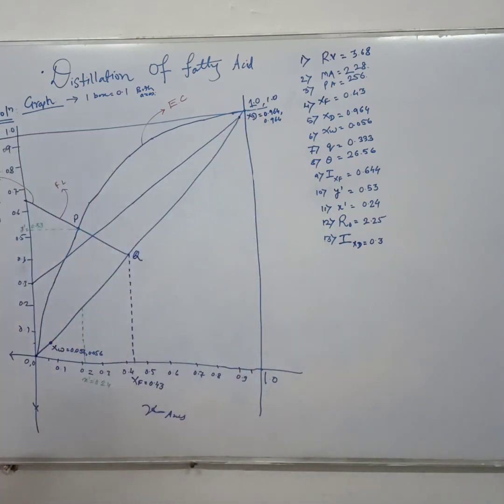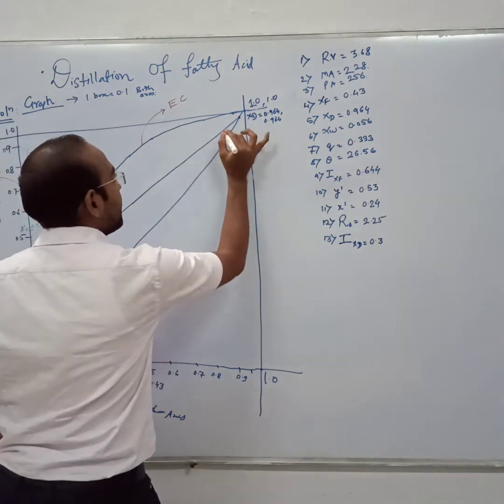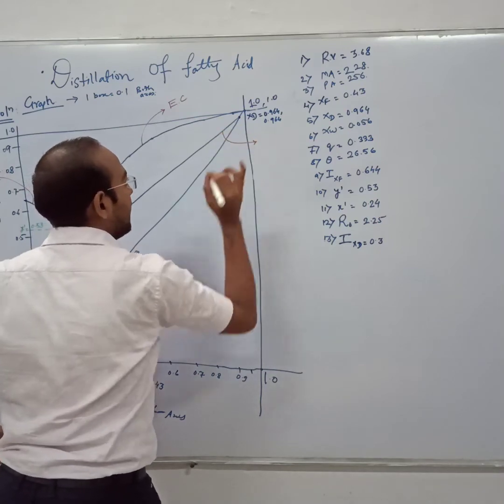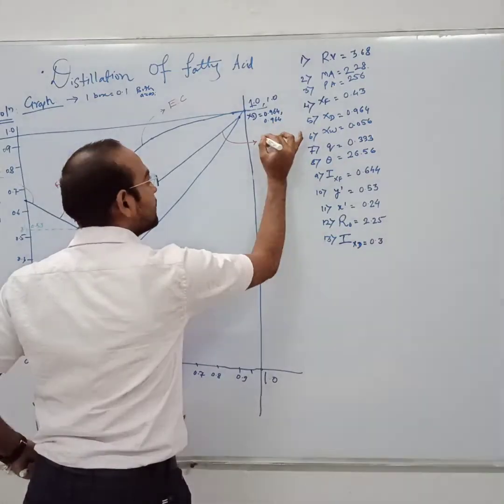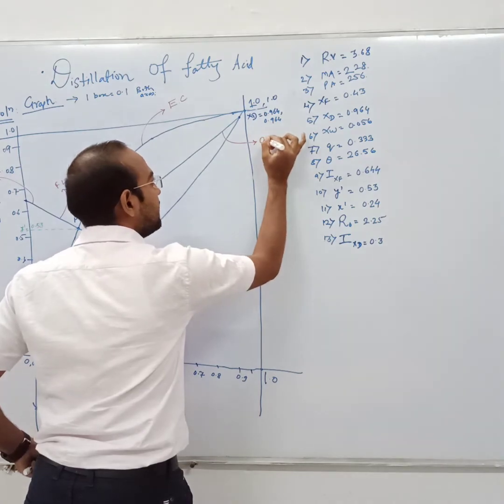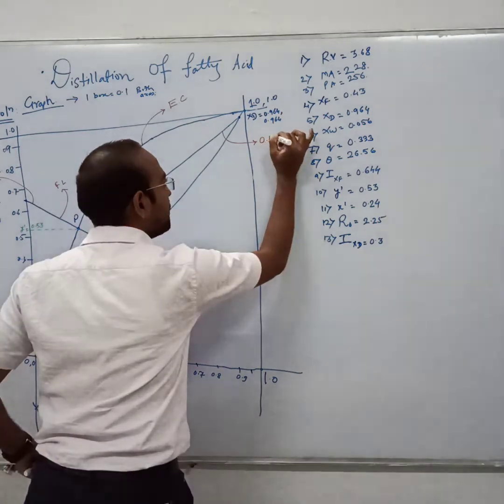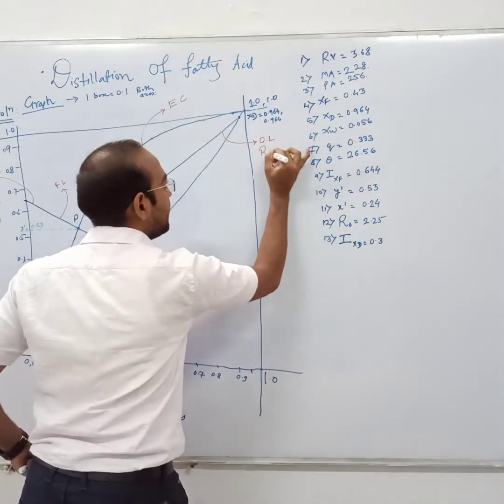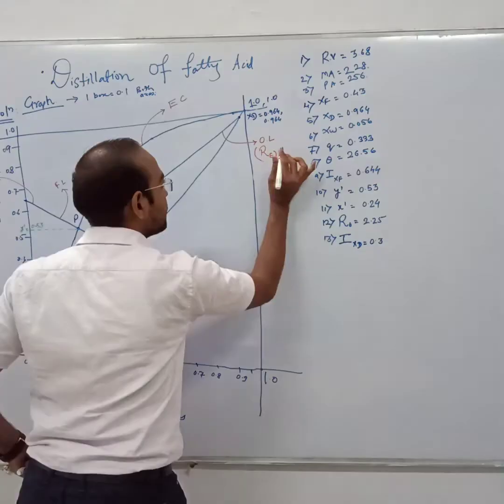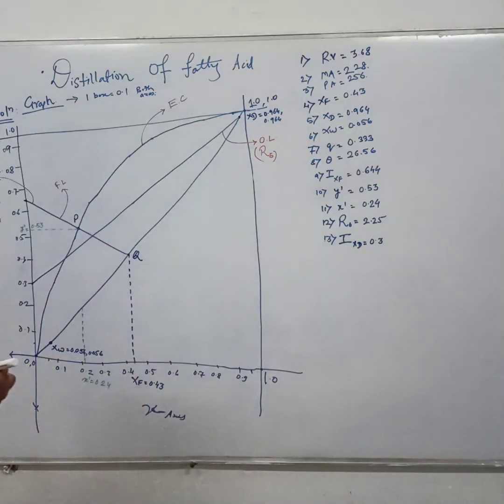So this line becomes the operating line of the rectification section. I can directly use capital letters: operating line of rectification section.